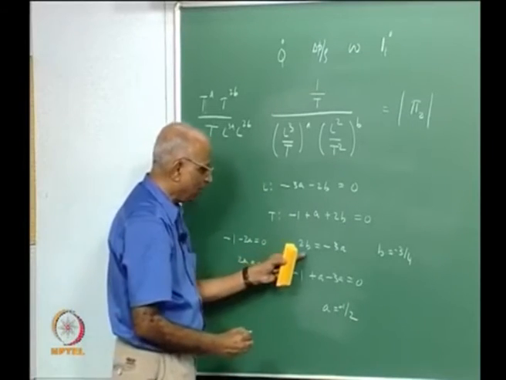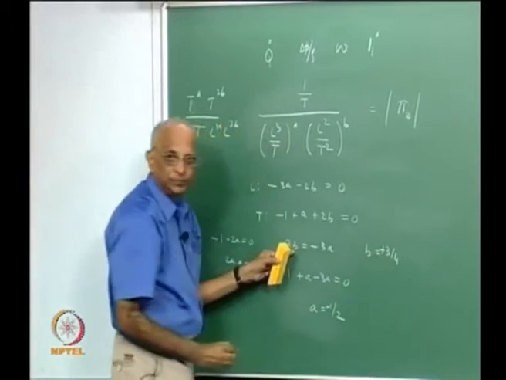If a is equal to minus half, the value of b is equal to plus 3 by 4.